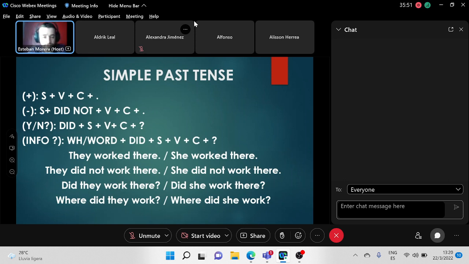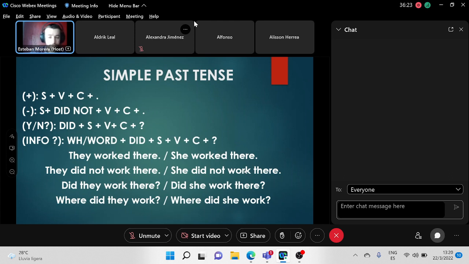If you don't remember, just in case, remember that regular verbs have ed at the end when we write them in the past. What are some examples of regular verbs?